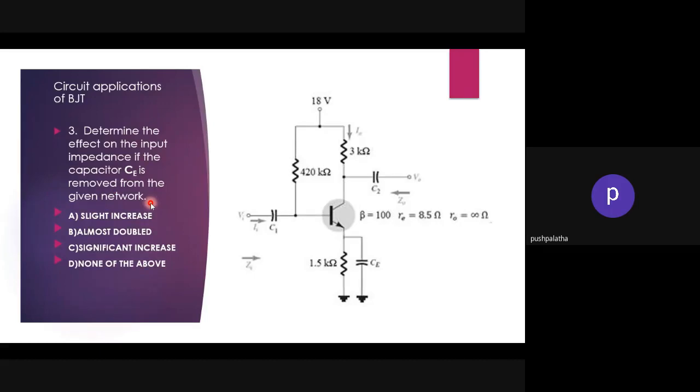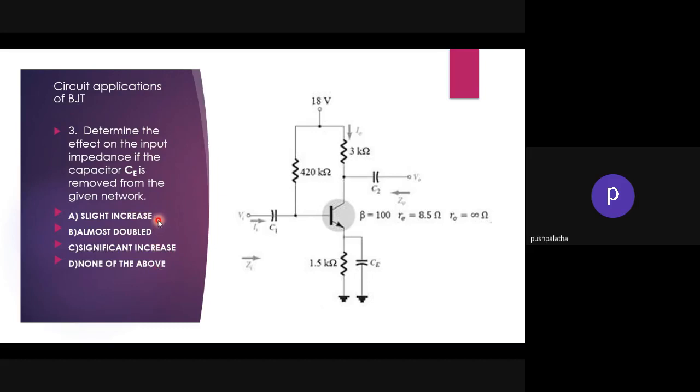They are not asking for any calculation, but for simplification I solved the circuit. The options are slight increase, almost doubled, significant increase, none of the above. So the question is, if we remove CE from the amplifier, what will happen to the impedance?